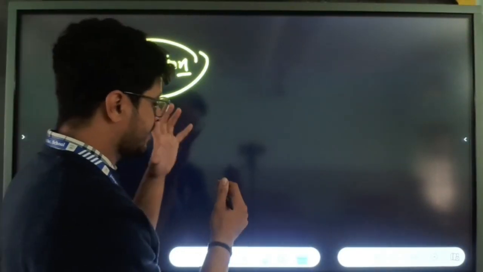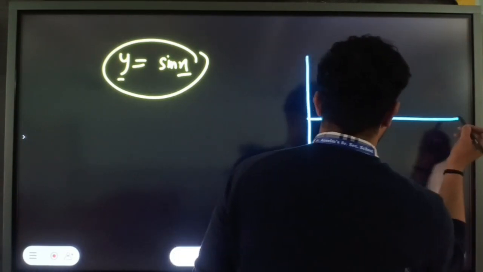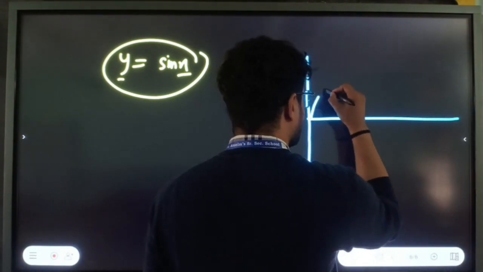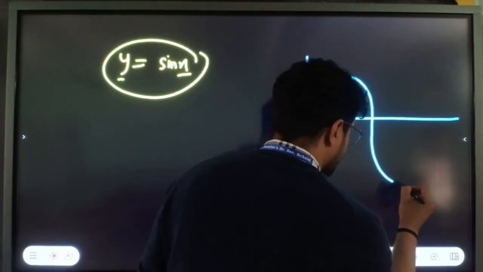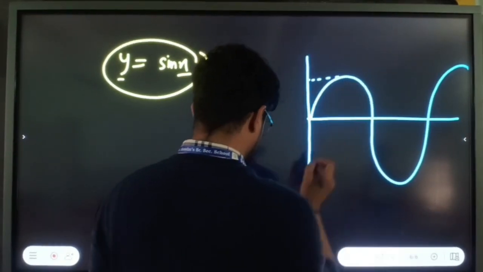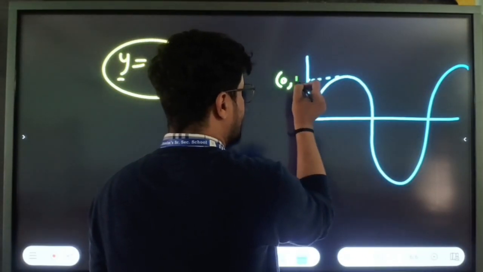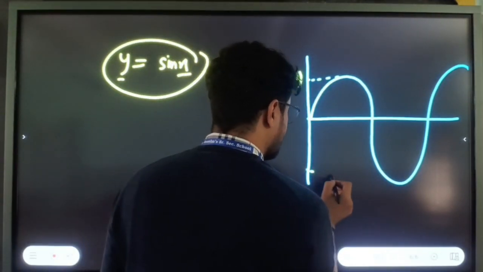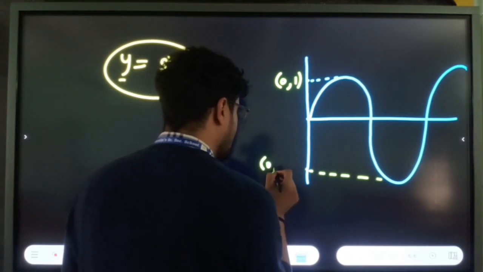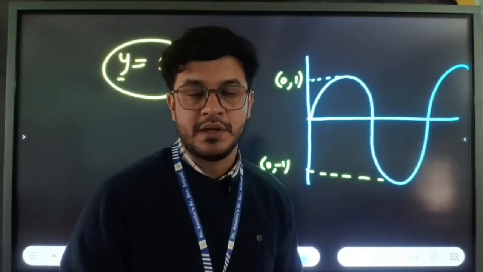If I draw the graph of this function, it starts from 0, goes to 1, and goes to -1 again. So that particular coordinate is 0 comma 1 and that particular coordinate is 0 comma -1. How does it come?